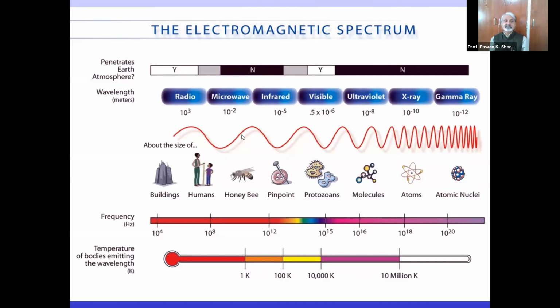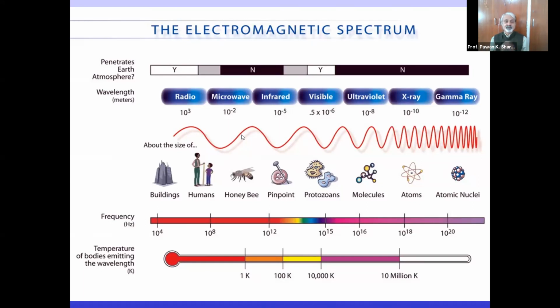Say, for example, visible light. That is also a part of the electromagnetic spectrum. So you always come across visible light. Similarly, you tune into a radio station, so you are already coming to terms with the radio waves. So already you see the radio waves and the visible light.